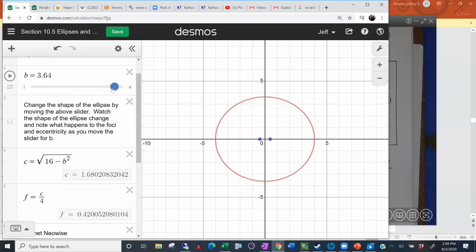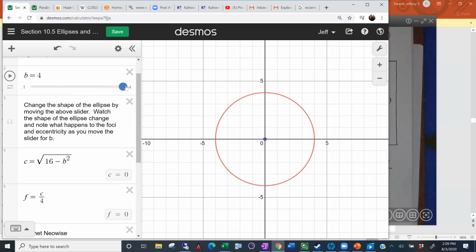In fact, most people would look at something like this and say, oh, well, that's pretty much a circle, isn't it? And it looks very close to a circle. You're right, but it's not quite a circle. I'd have to go all the way here to get a circle. Now, Earth's eccentricity is even less than that.